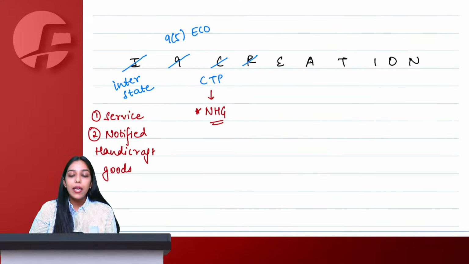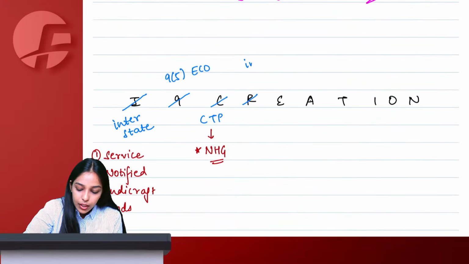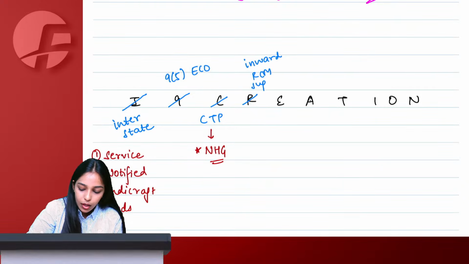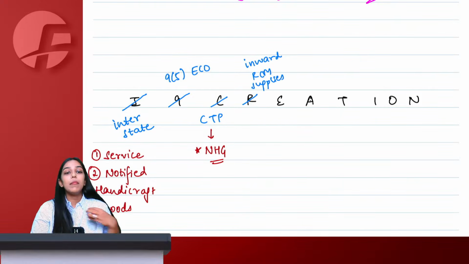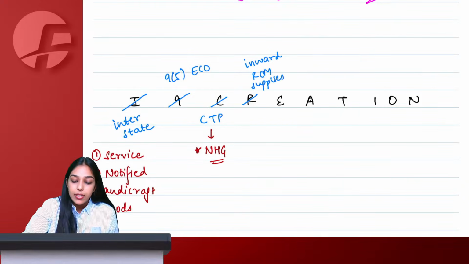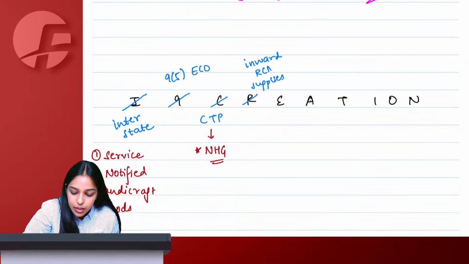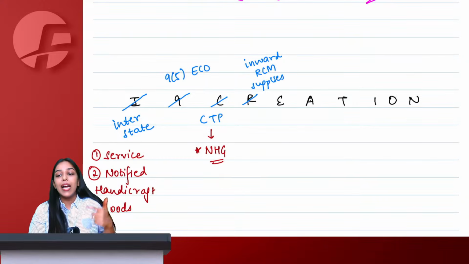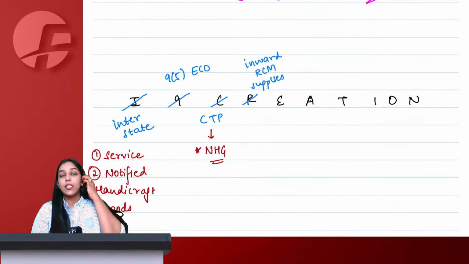Right, ma'am. R means if I am receiving inward RCM supplies. Being a recipient, I have availed RCM supplies and I am a person liable to pay GST under RCM, then I have to take compulsory registration.